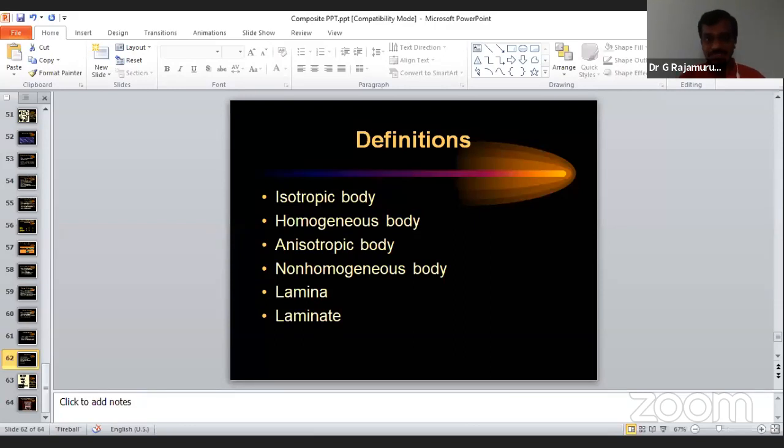Functionally graded material is a specific material. If you want to stimulate a particular property, let us say a creep property, or a particular fatigue property in a material, the rest of the properties I am not going to disturb at all. Whatever is there, it will be like that. But if I want to increase a particular property especially, then I can go for functionally graded material.